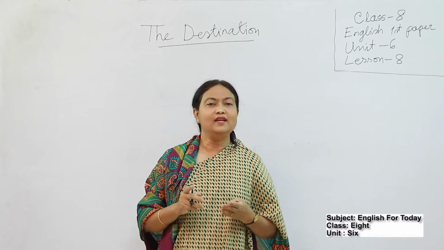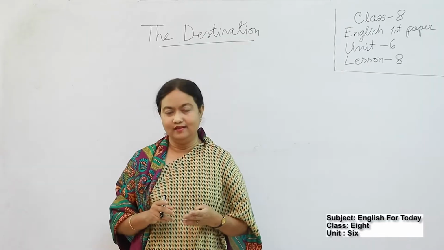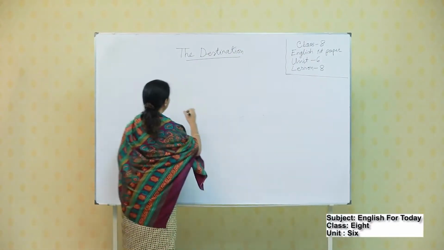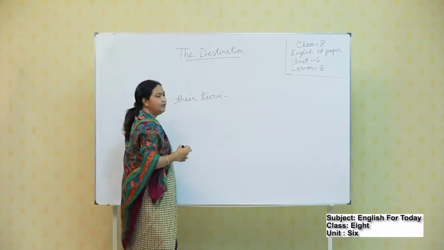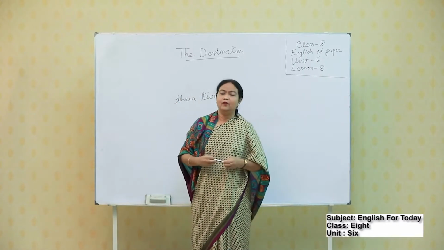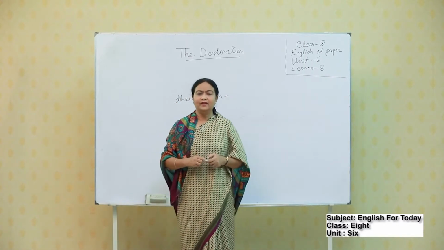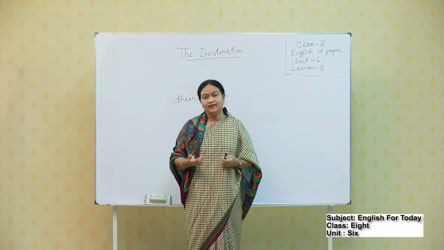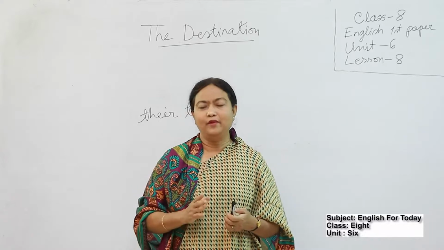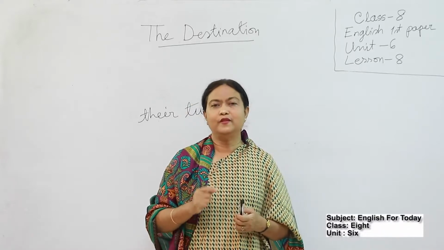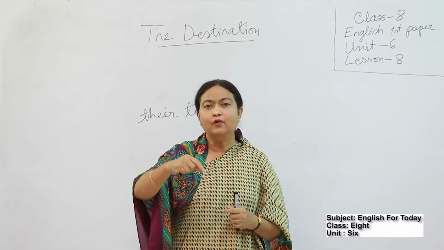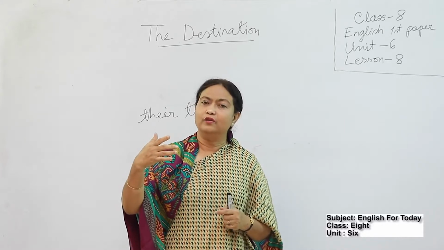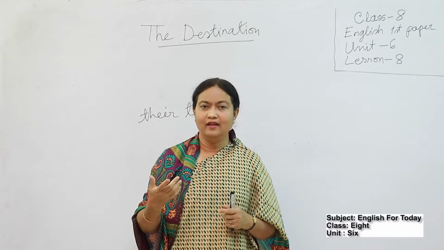Now students, go to section C. You can see there are some phrasal words. We have to understand the phrasal words. I am writing their turn. You have seen the term in your passage, their turn. What do we mean by their turn? Suppose I am giving you some examples. Suppose there is a queue or line to get something or to buy a ticket, okay?